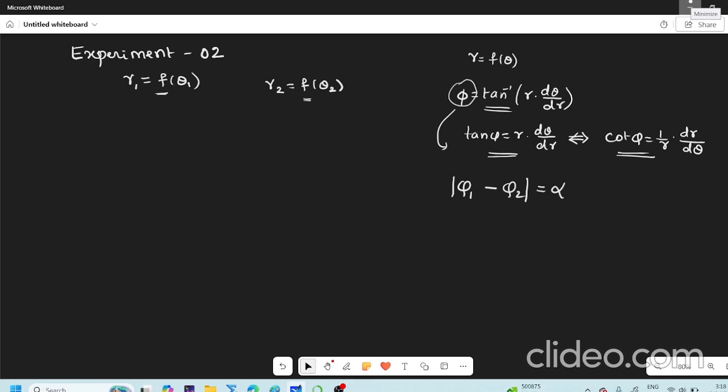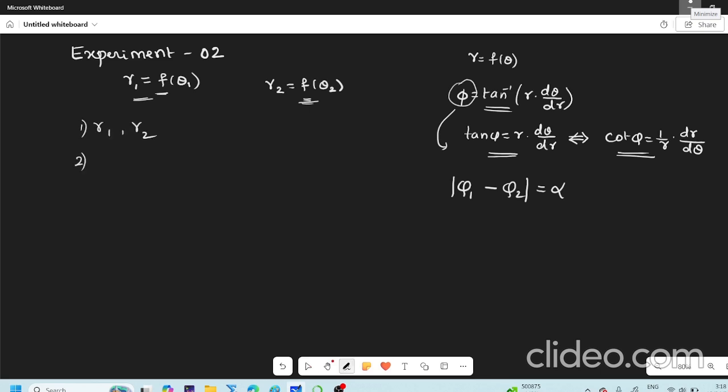Let me recall the working procedure for computing the angle of intersection manually. First you have to consider these two curves, R1 and R2. That's the first step.